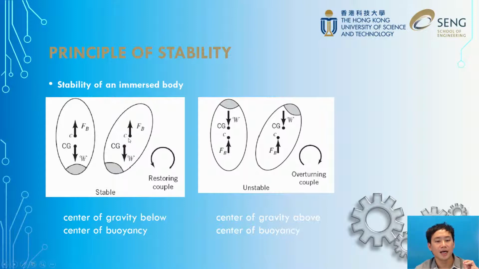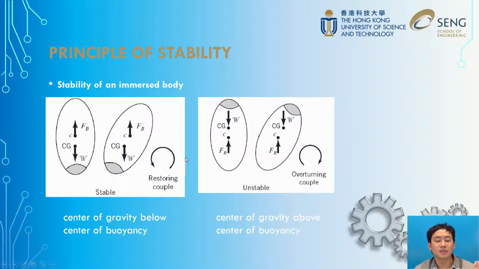This moment arm together with the two forces will generate a couple, a force that is rotating the system in the counterclockwise direction. And you can see that the counterclockwise movement will bring the system back to the original position. That's why we call it a restoring couple.